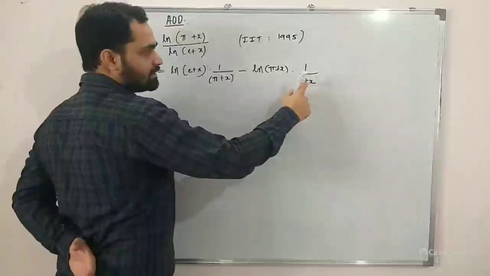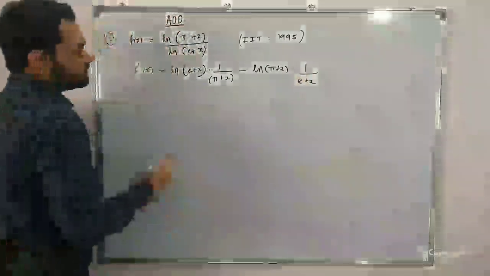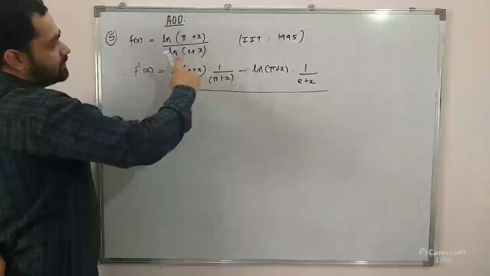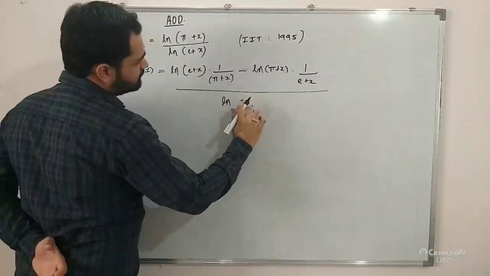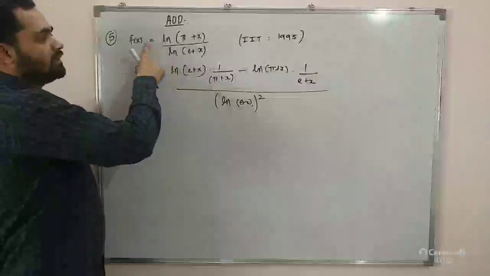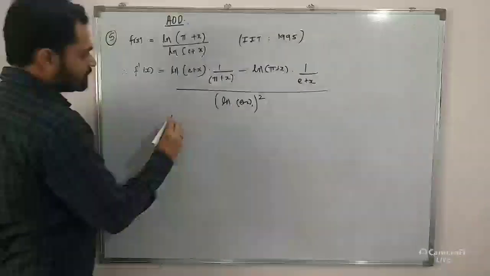We also have to multiply by the derivative of the inside function, but that is 1, so we do not have to write it. In the denominator, the square of the denominator, ln(e + x) whole square. Denominator at front, derivative of numerator, minus numerator at front, derivative of denominator, upon denominator square.